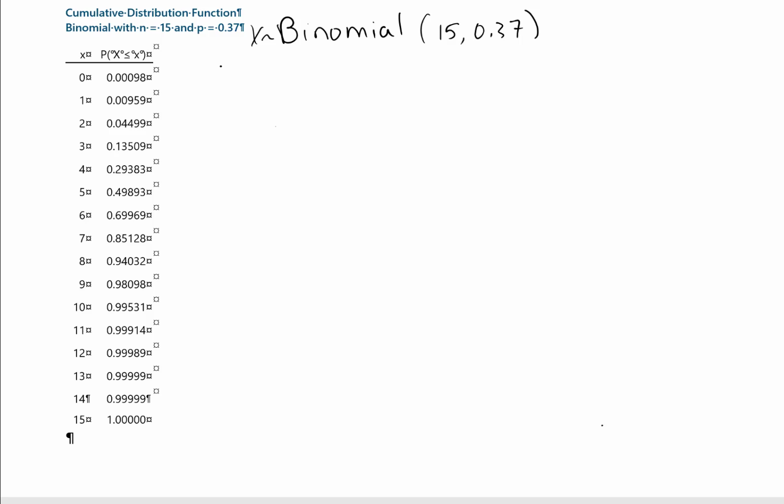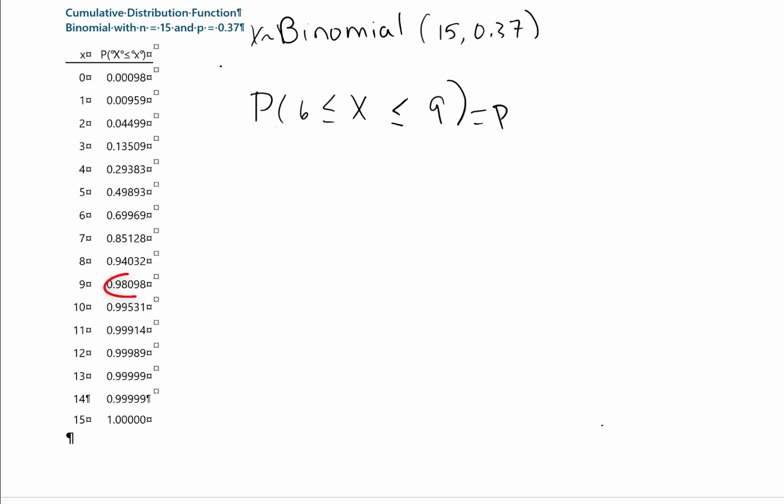So now looking at an in-between statement, that means we want everything between 9 and 6, including 9 and 6. So we want everything less than or equal to 9, and greater than or equal to 6. So we would say probability x is less than or equal to 9, but that's too much, because it includes the probability of 5, 4, 3, 2, 1, and 0. So we subtract that off.